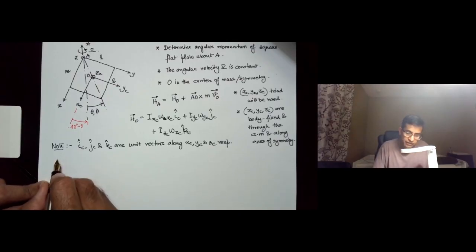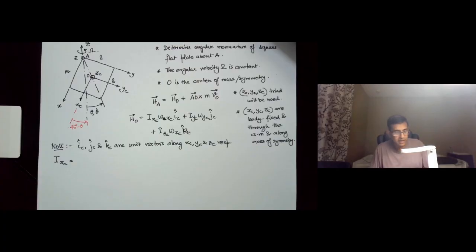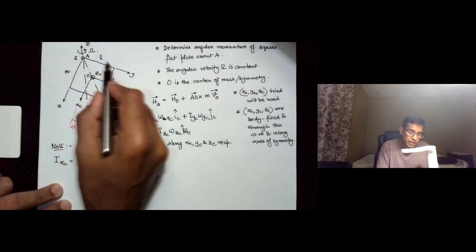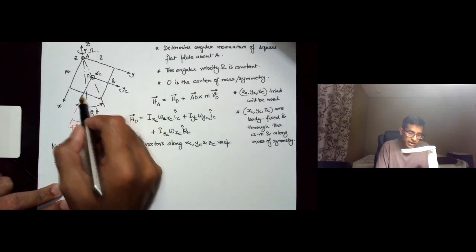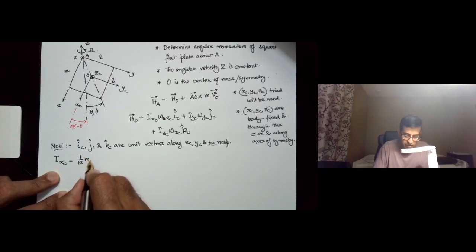So we can very quickly come up with the expressions for Ixc. Because this plate does not have any thickness, the moment of inertia of this plate about the xc axis is going to be nothing but 1/12 ml squared.